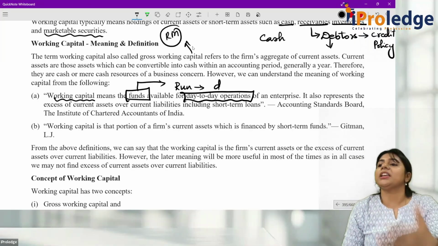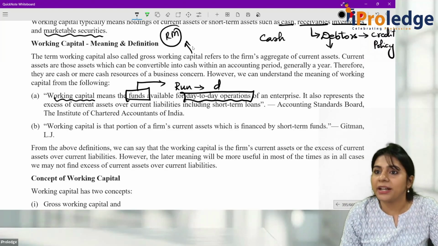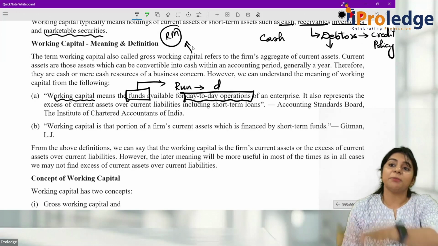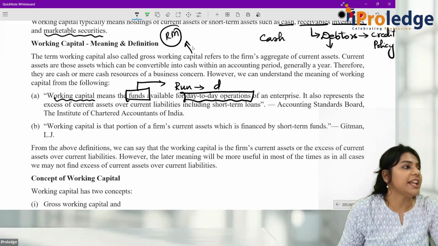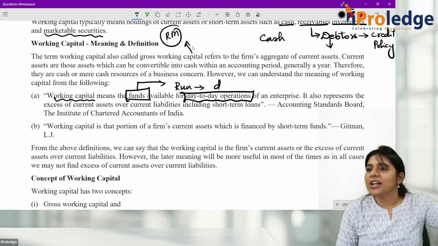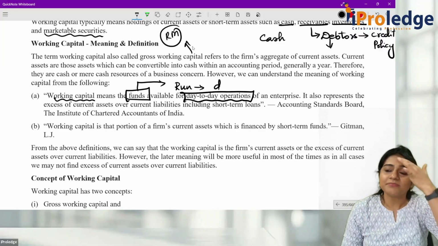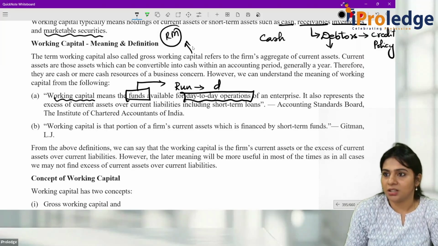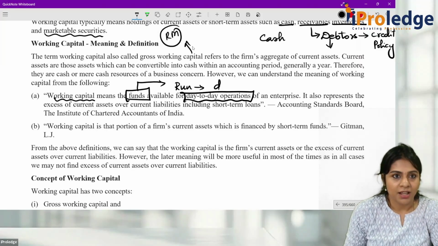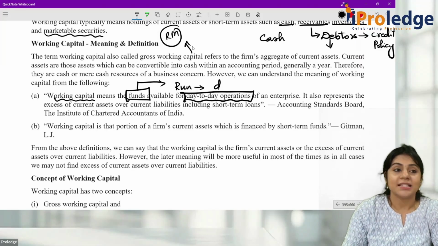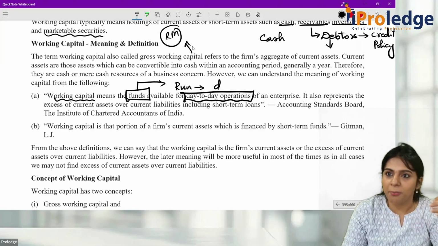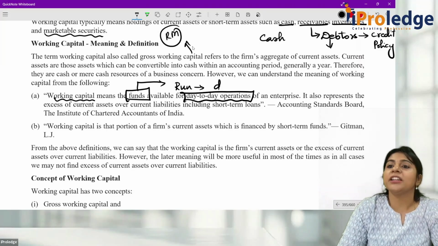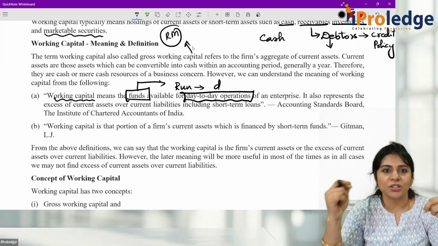For example, if I'm not giving credit policy at all to my debtors, what will customers do? Oh, this shop does not give, let me go to the next shop. They give 30 days time. So everybody will walk into that shop and start buying from there. I'm sure you've gone to these gold showrooms. Now, even your salon, not just for women, even for men, you go there, they say, please buy a 1 year membership card, pay so much.